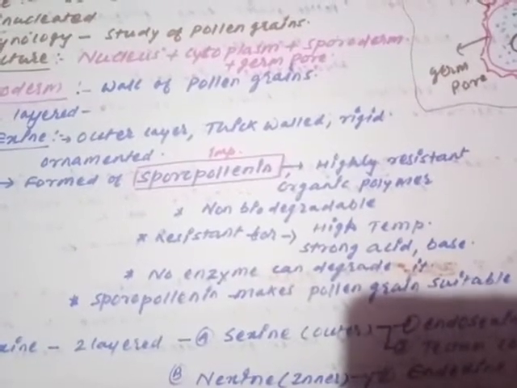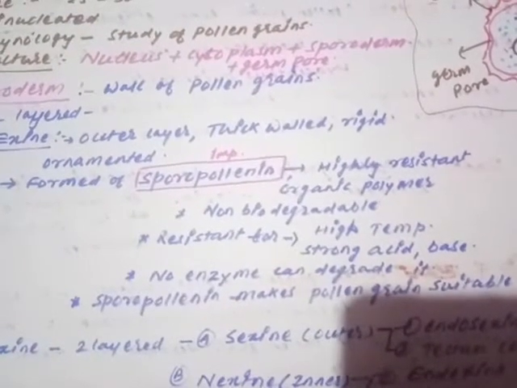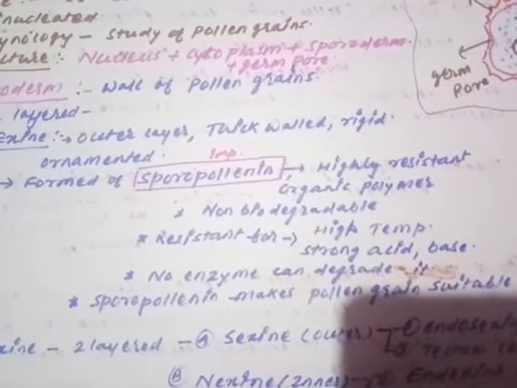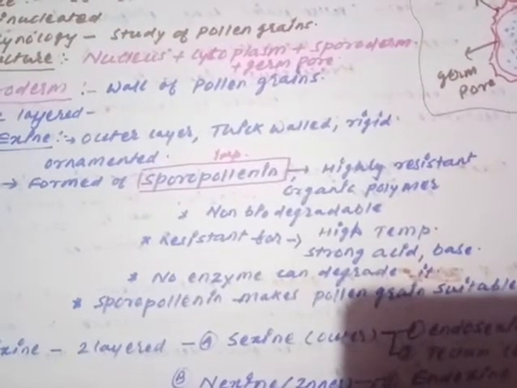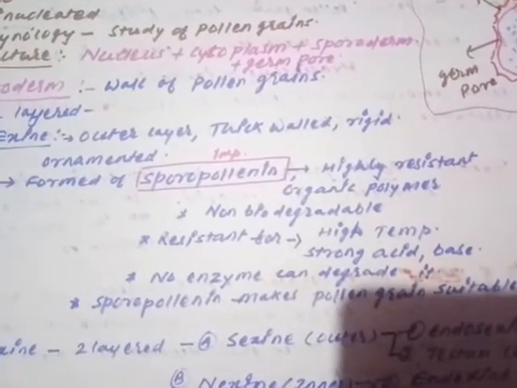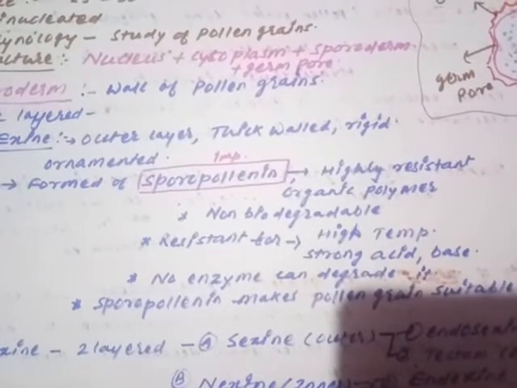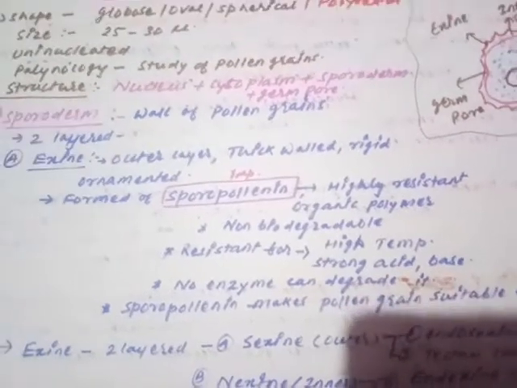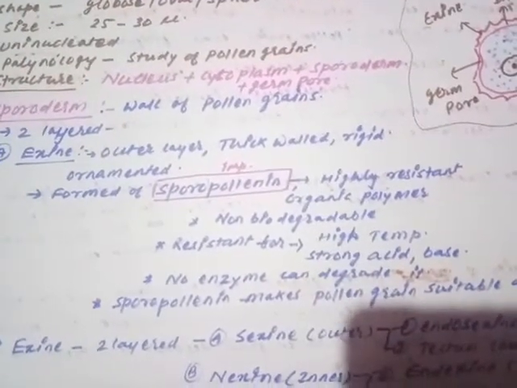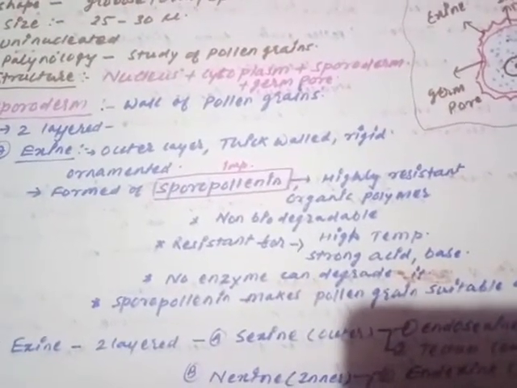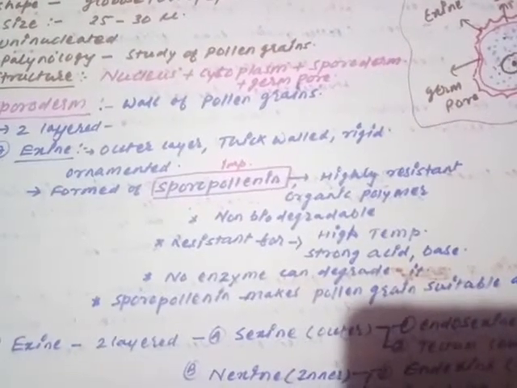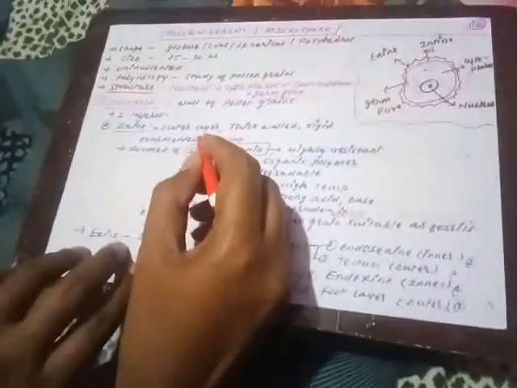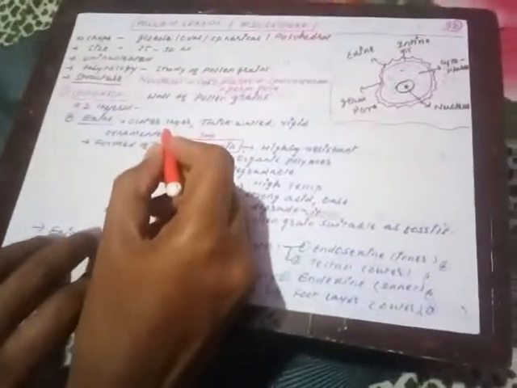What kind of ornamentation? Ornamented means a type of shape, or what kind of pattern of the exine is present. So that is a basis of taxonomy also. Is it clear to you all? The outer layer is thick walled, rigid, and ornamented, variously designed. So now the word ornamented is clear.